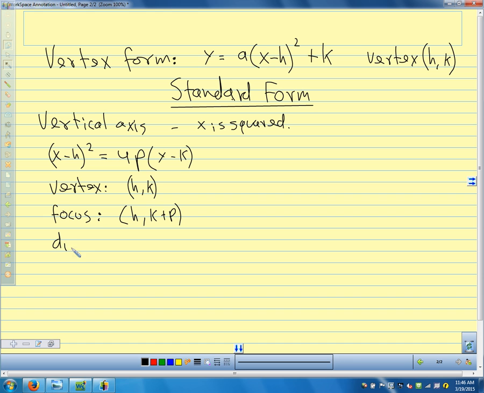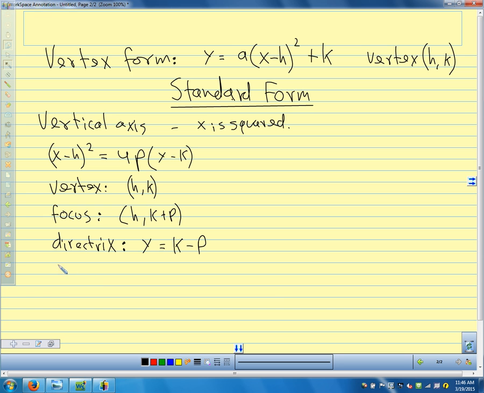The directrix is p units below the vertex. So it's a line, a horizontal line, y equals k minus p. P tells us how far we move from the vertex to get to the focus, and how far we move from the vertex to get to the directrix.